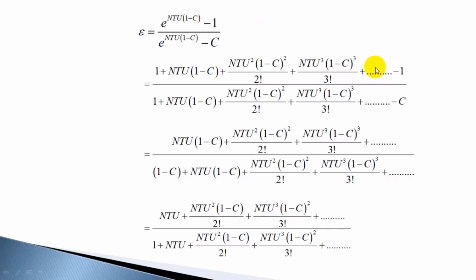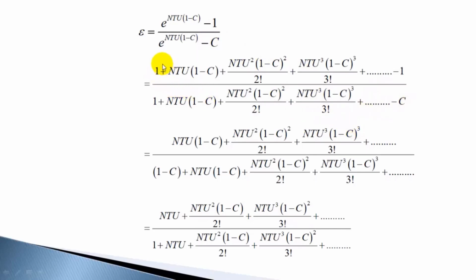And last you have minus 1. Similarly, in the denominator also you can expand this in the same way: 1 plus NTU into 1 minus c plus NTU square into 1 minus c square by 2 factorial plus etc. And in the last you have minus c.